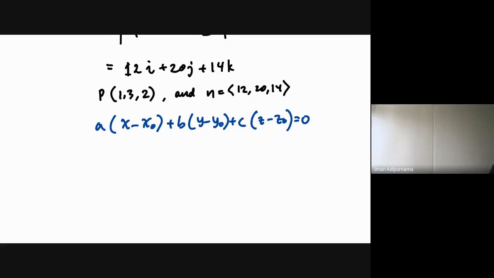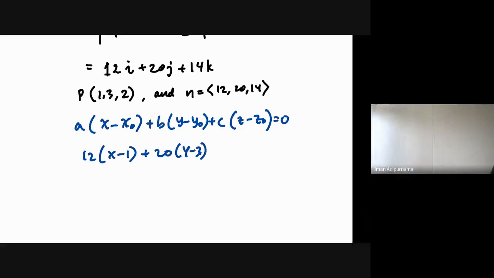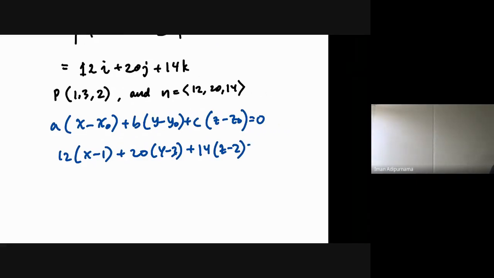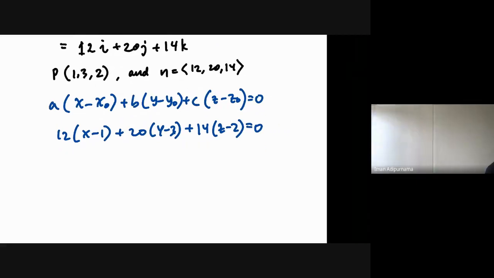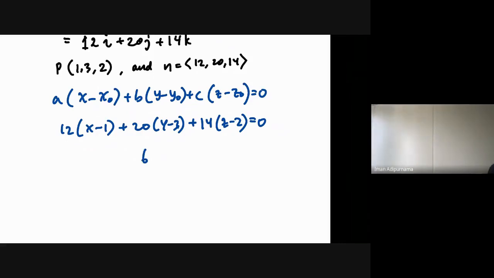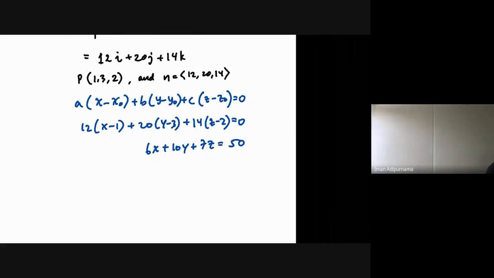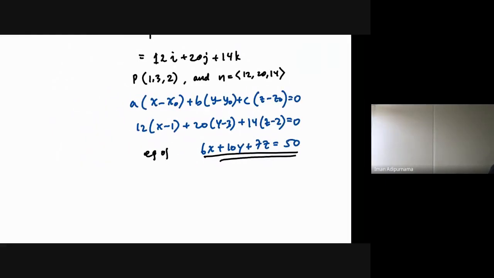We are using A as 12 and then x minus 1 plus 20 y minus 3 and then plus 14 z minus 2. And this should be equal to 0. And we simplify all of this. You can check the answer. And this results in this equation. So this is the equation of the plane.